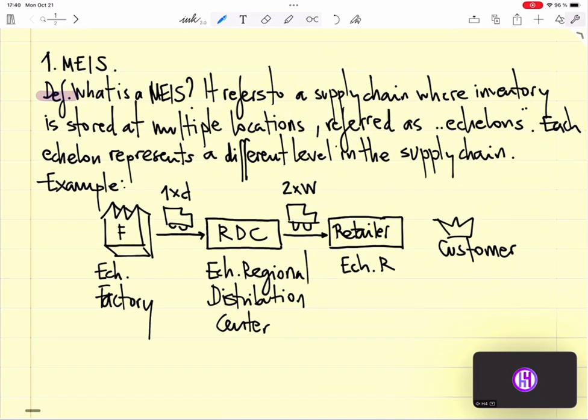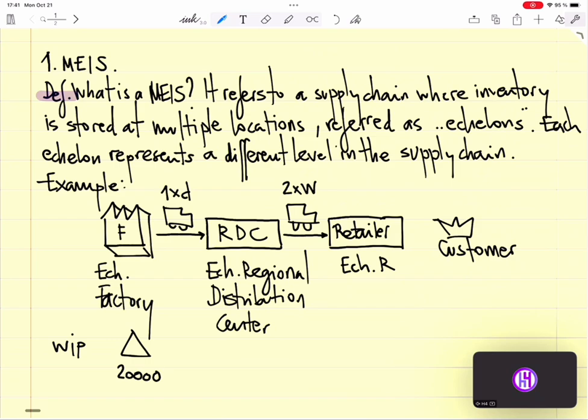So each one of these echelons has some inventory, work in progress. Let's say 20,000 units.